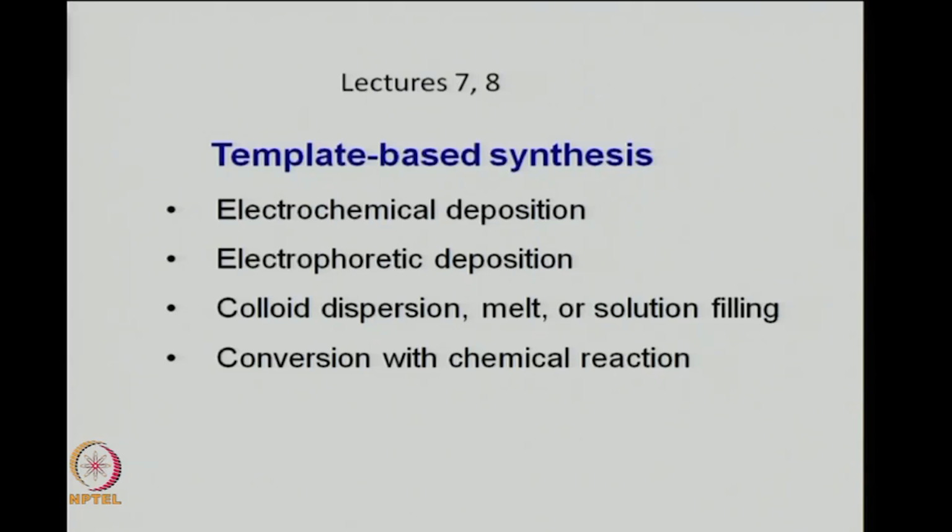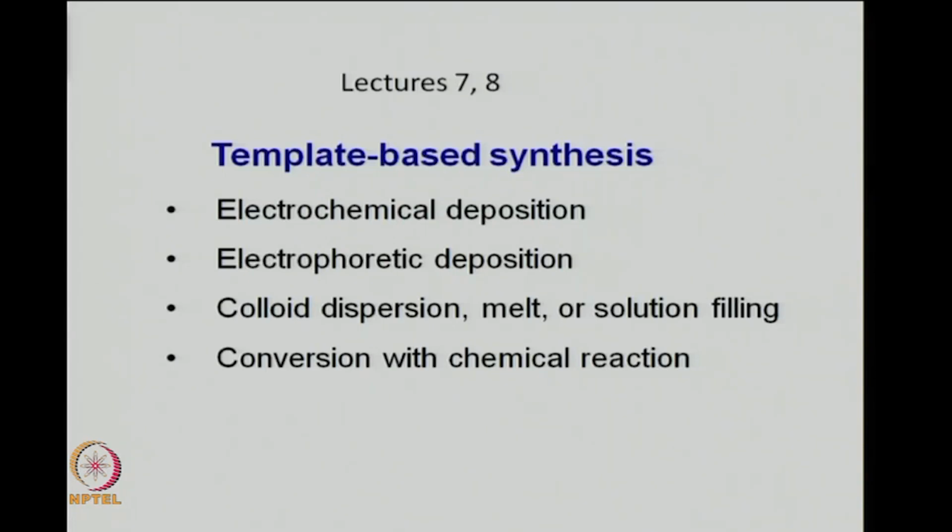In lectures 7 and 8, we had 2 lectures on the template based synthesis of nanostructures, where we discussed electrochemical deposition, electrophoretic deposition, colloid dispersion, that is making use of surfactant molecules and colloids, and also conversion with chemical reaction.